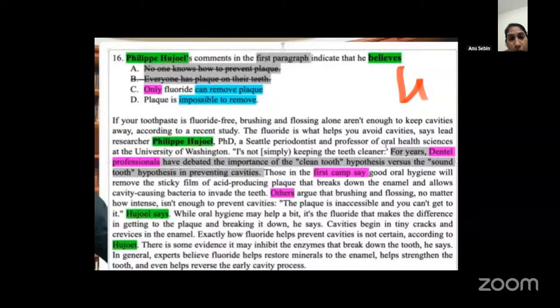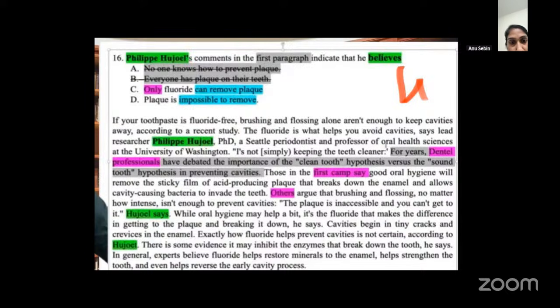In the first, Philippe Hujoel, PhD, a periodontist and professor of oral health science. And this is all subject complement, so we don't need all this. We can remove it.